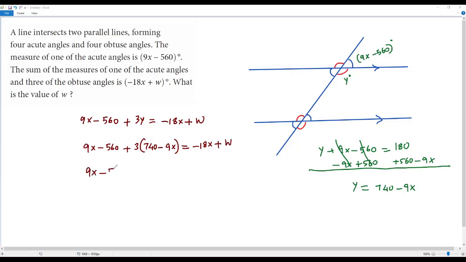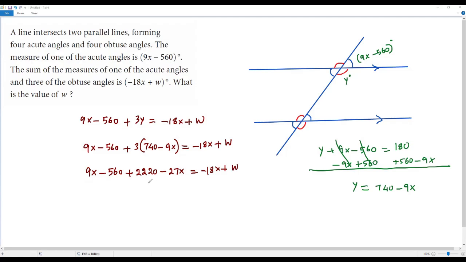Now let me distribute this positive 3 to this 740. Let me multiply 740 and 3. I am getting 2220. And when I distribute this positive 3 to this −9x, I am getting −27x, equals −18x + w.